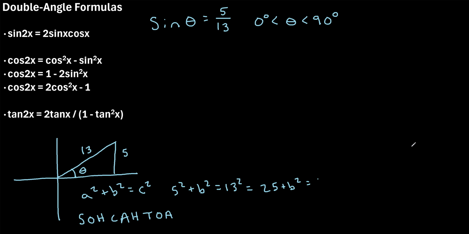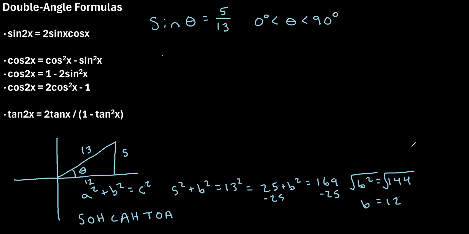So 13 squared is 169. To solve for b, we can subtract 25 from each side. So b squared is equal to 169 minus 25, that's 144. And then to solve for b, we can take the square root of each side. So b is equal to the square root of 144, which is 12. Okay, so this side of the triangle is 12. So now that we know all three sides, we'll be able to find every double angle.